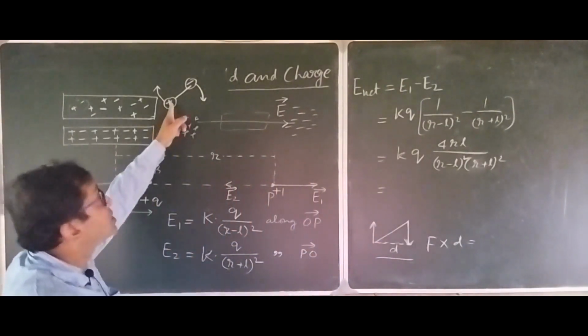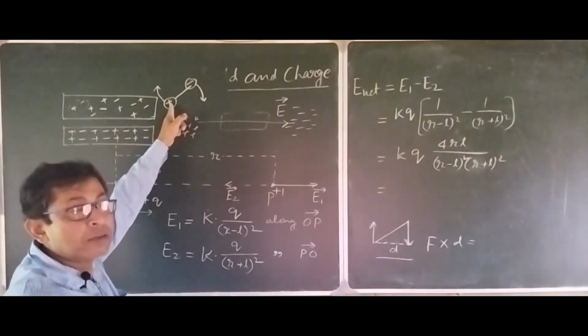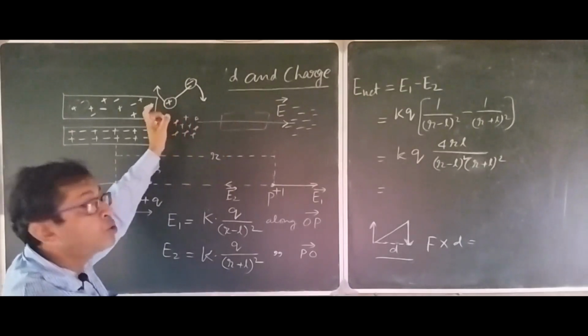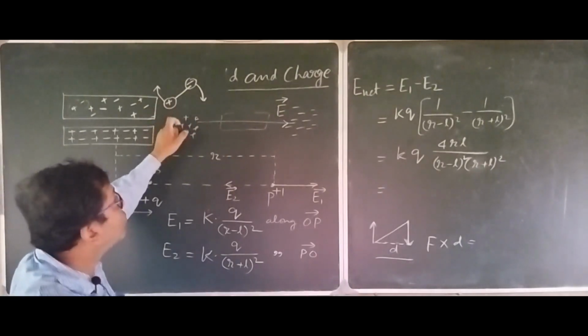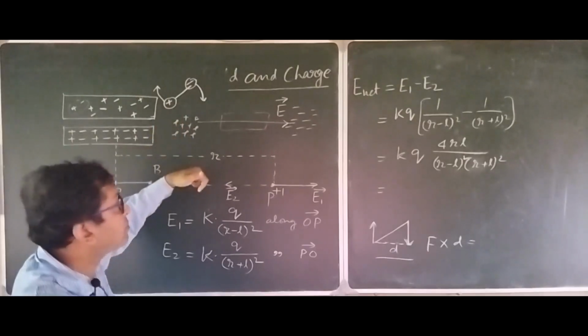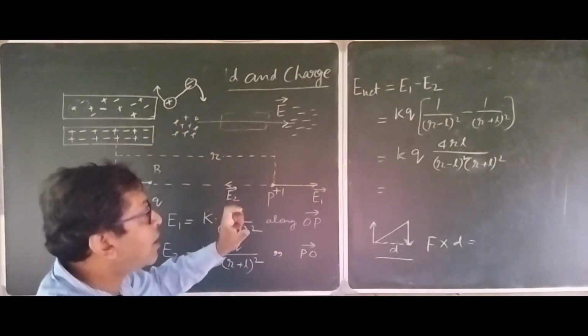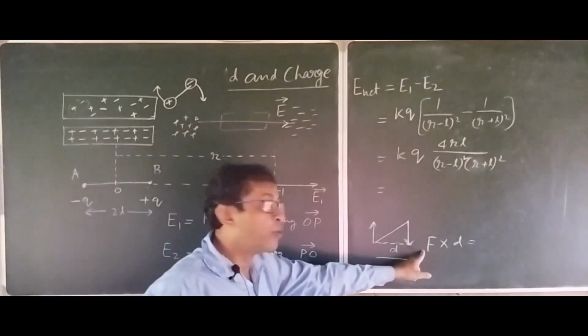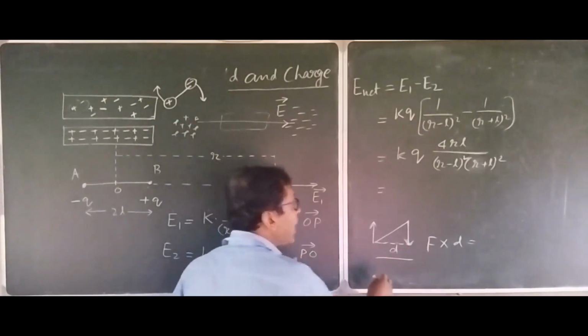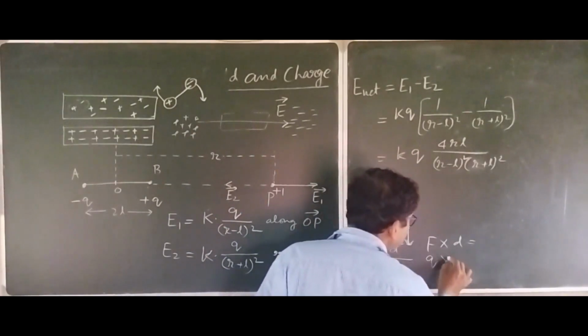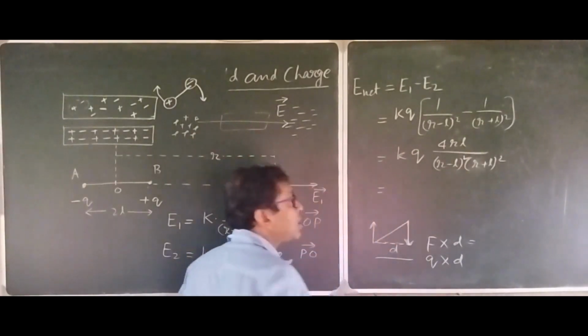Now if the charge is bigger, then the energy has to produce more force. If the charge is less, then the force to be applied is less. So the force is directly proportional to the charge. That means this relation also can be written as charge into distance between the two charges.